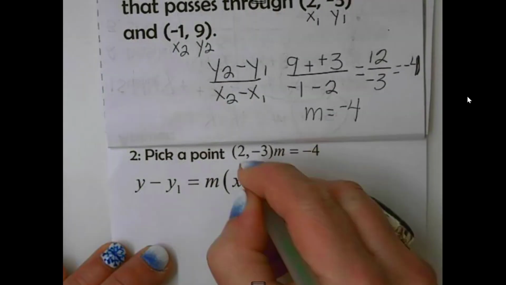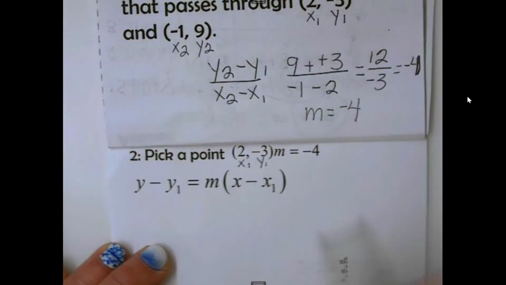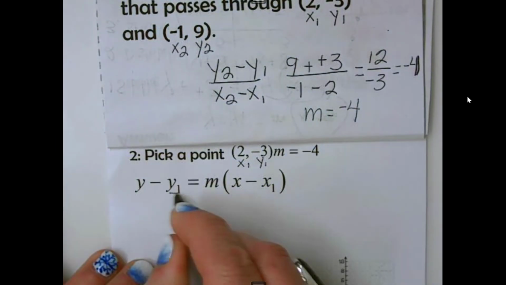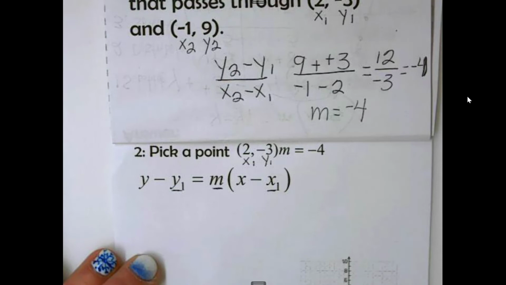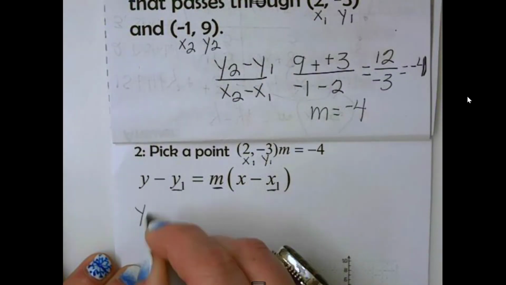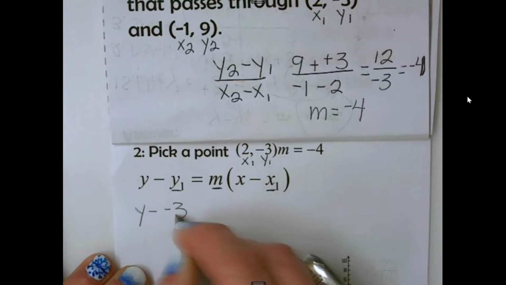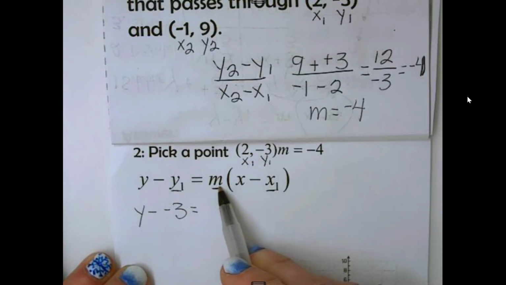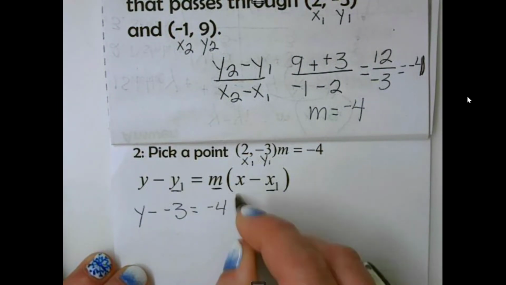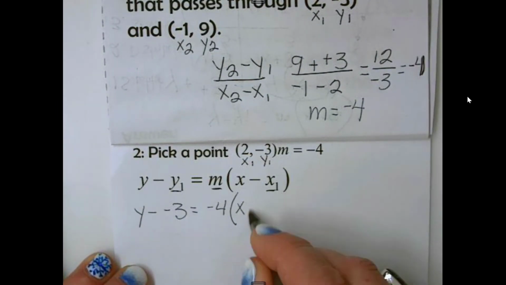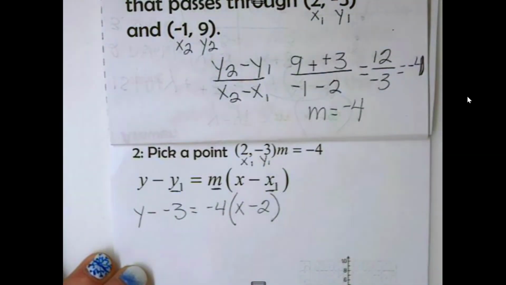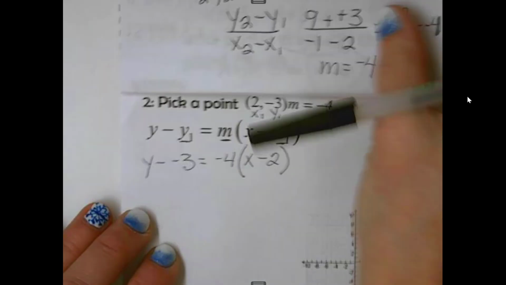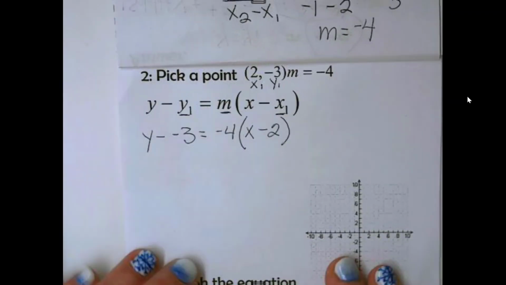So I'm going to label this x1, y1. We have our slope. Remember, these are the 3 values that we are going to substitute in. y minus a negative 3 equals your slope times the quantity x minus the x1, which is 2. Okay, so remember, 3 steps here.